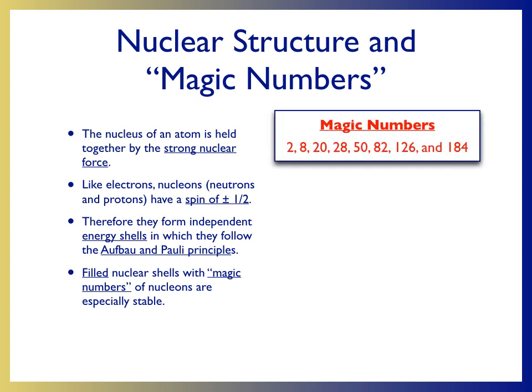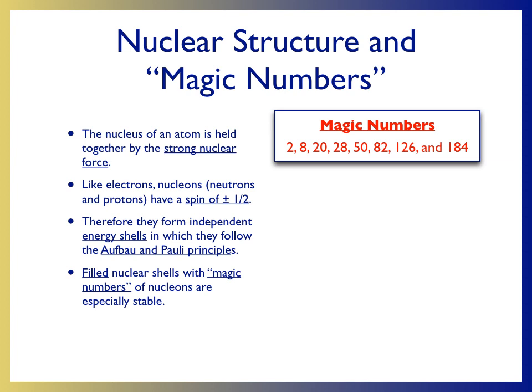Please keep in mind that you do not need to memorize the magic numbers. We're just using them to draw an analogy as to what makes a nucleus stable. The magic numbers are 2, 8, 20, 28, 50, 82, 126, and 184.